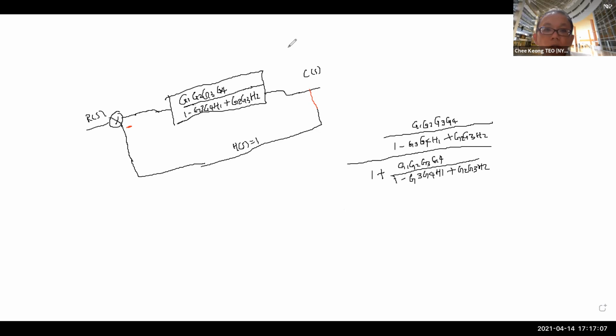Now the next thing is you have to deal with this particular 1. You have to convert it into the same denominator.